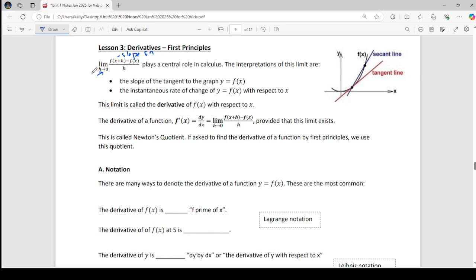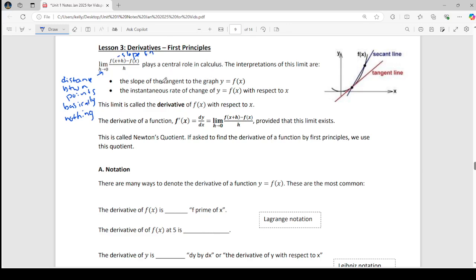So this limit, I'll write that. So this makes the distance between points basically non-existent. So this limit, the limit of the slope function, plays a central role in calculus.